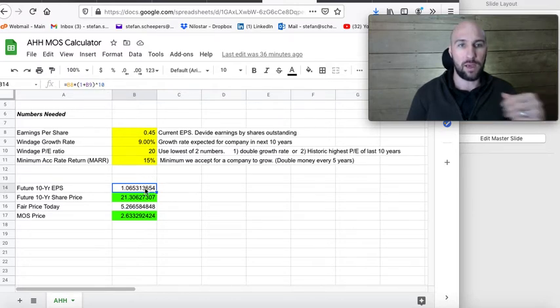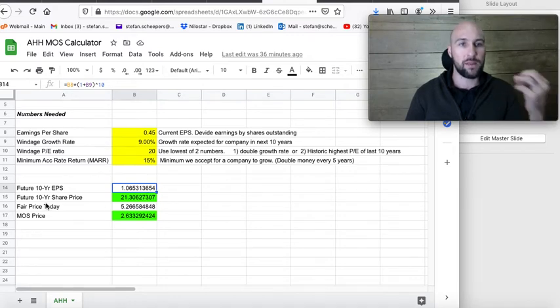What I did was I used a formula that you can look at here. You say B8 times 1.1 plus this percentage to the power of 10, and you're going to get to 1.06 for the earnings per share.